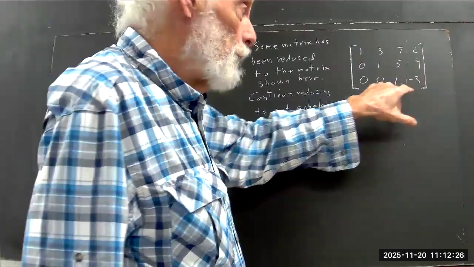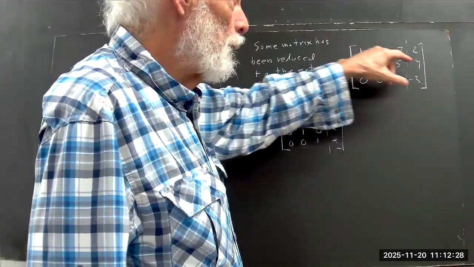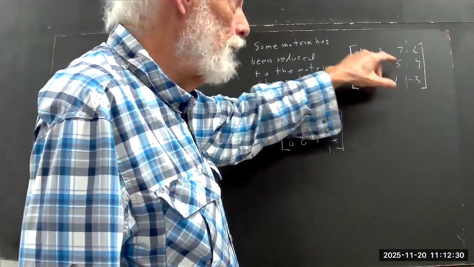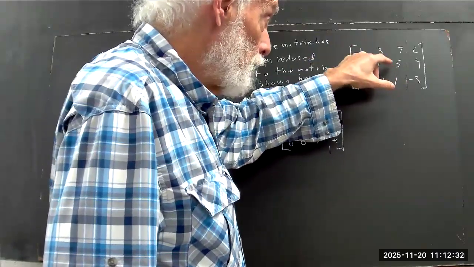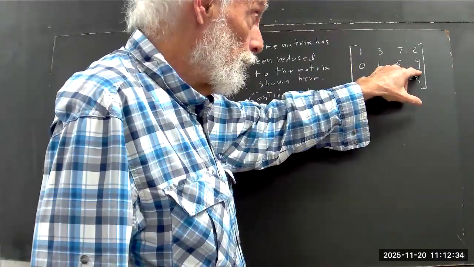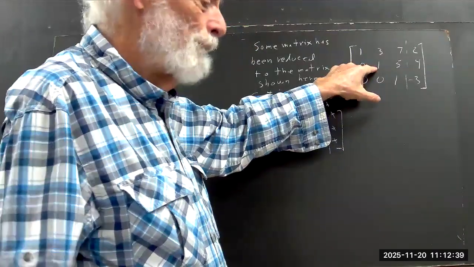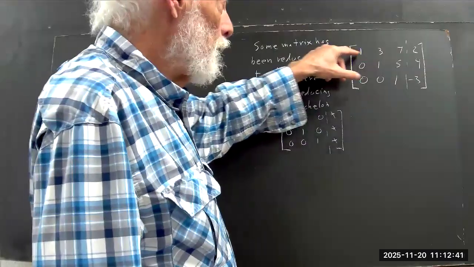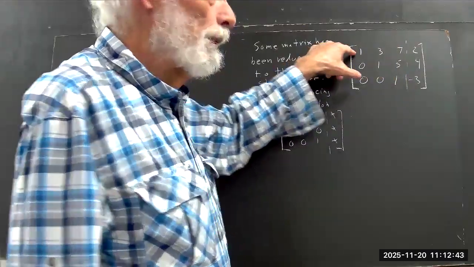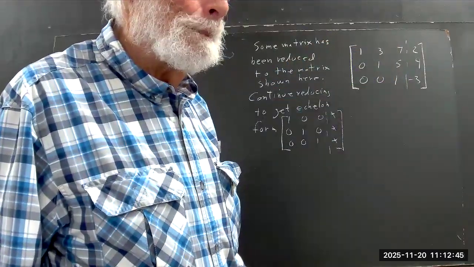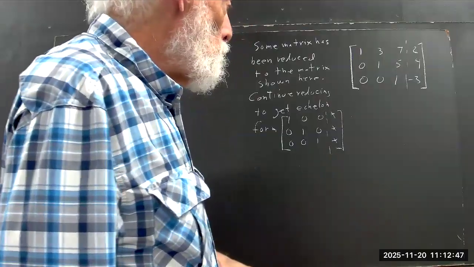You start there, plug -3 in for z in the equation you get from this line, and you're going to be able to solve for y. Now you've got values of y and z to plug into the equation you get from this line, and you're going to get x. Okay, so that's going to work out.